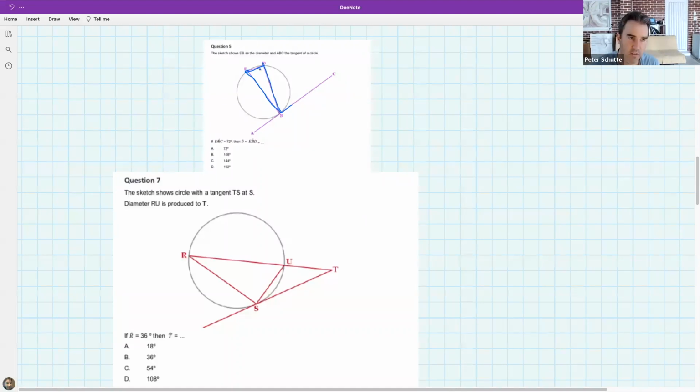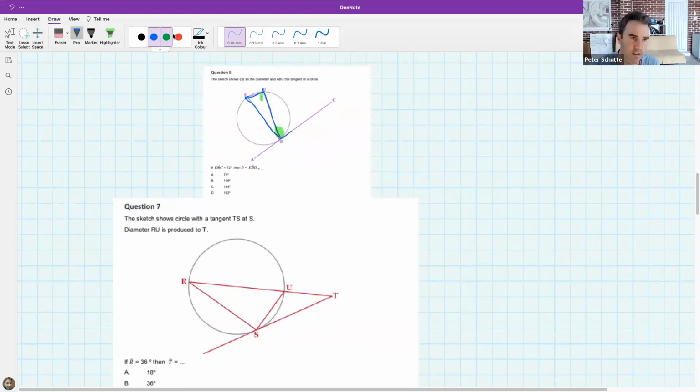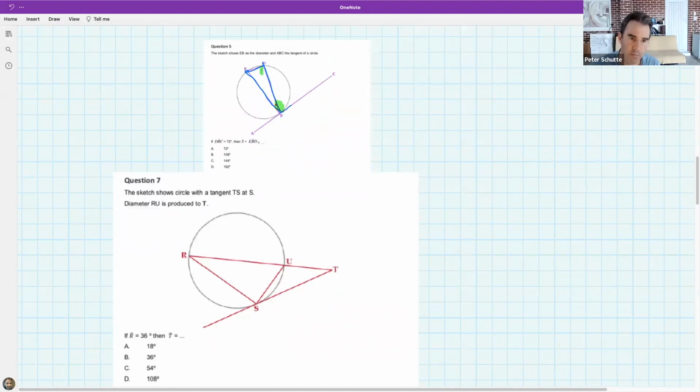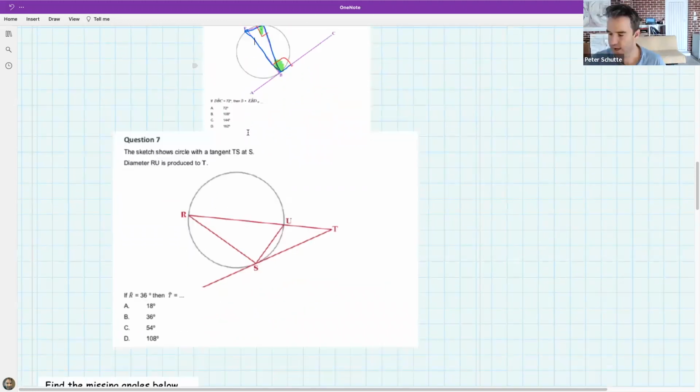So this one over here is going to be equal to this whole one over here. And because that is 90, that also has to be 90, essentially.